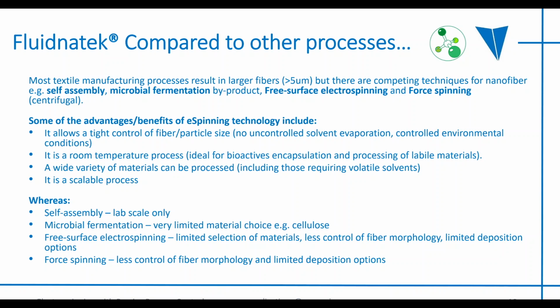So if you want to coat complex shapes or create tube structures, it's much more difficult in that type of process. And force spinning, again, gives you less control. This is like a centrifugal spinning process, but it's difficult to control the fiber diameter, and the deposition options again are quite limited to roll-to-roll applications.